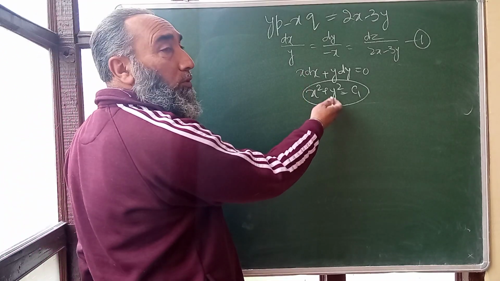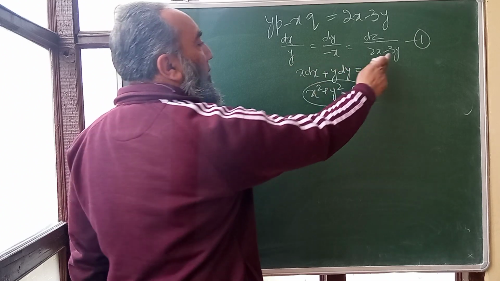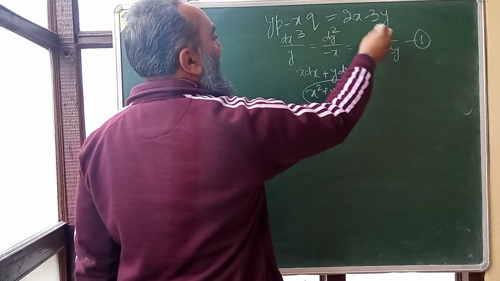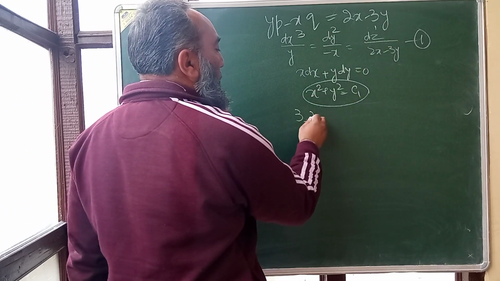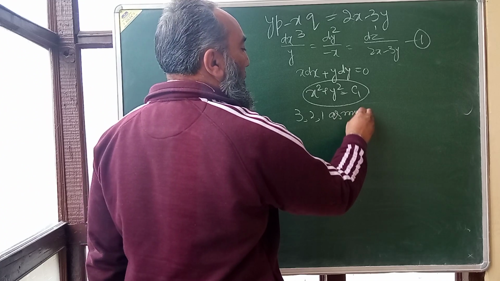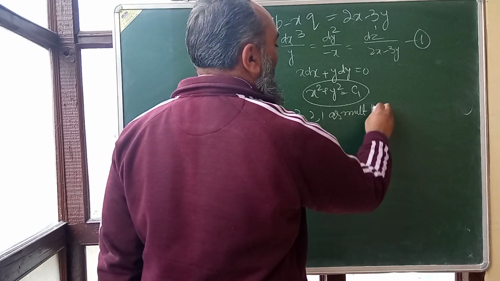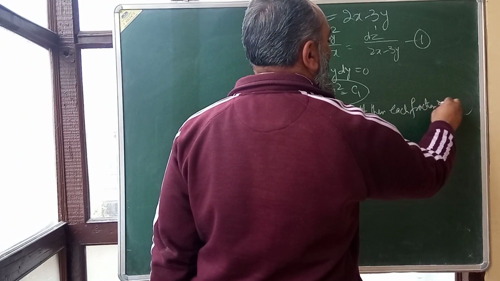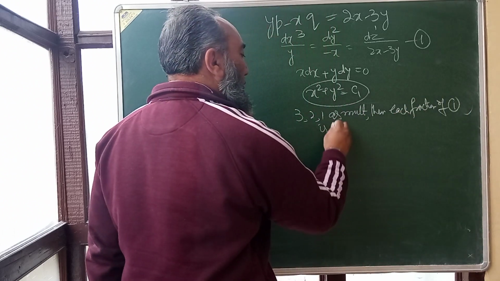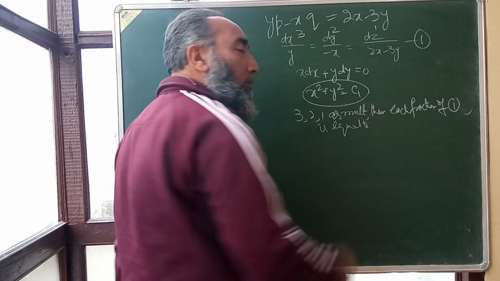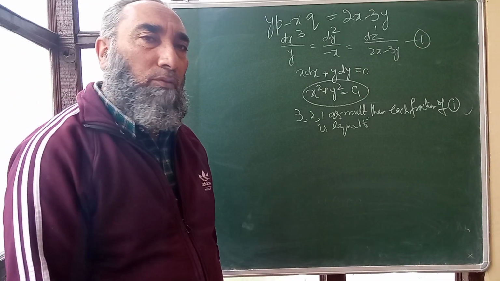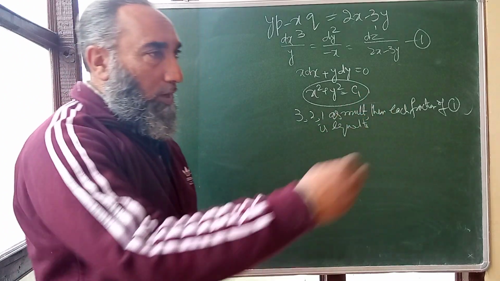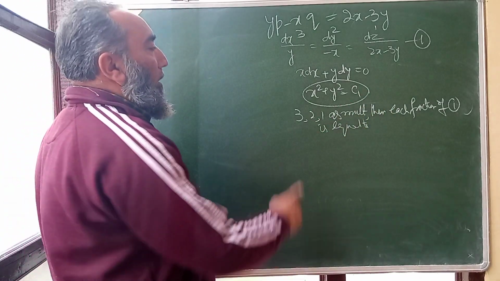Now, you cannot use this solution, so let me use multipliers. This is minus 3y, so let me use 3. This is 2x, let me use 2. And let me use 1. Using 3, 2, 1 as multipliers, each fraction is equal to this, which is important. You can revisit the video which I sent to you in the first semester to see why each fraction is equal.